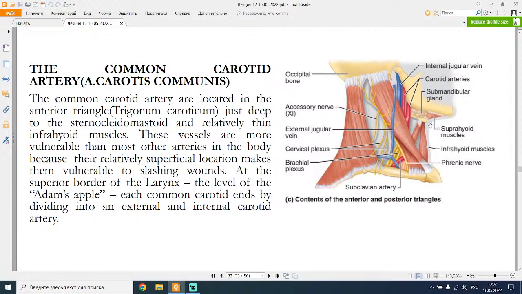each common carotid ends by dividing into the external and internal carotid artery.